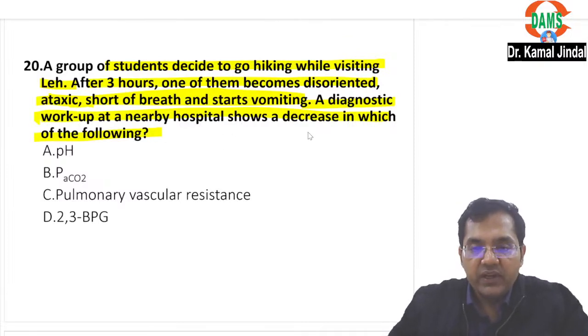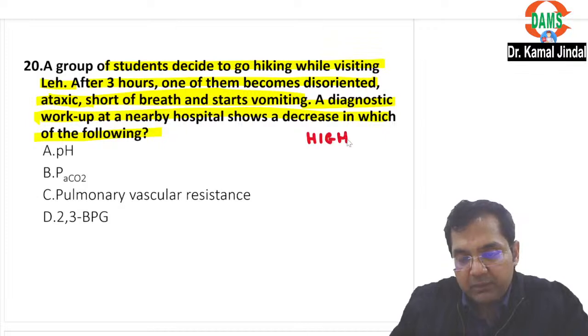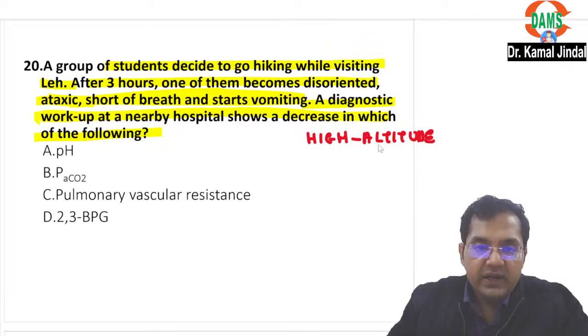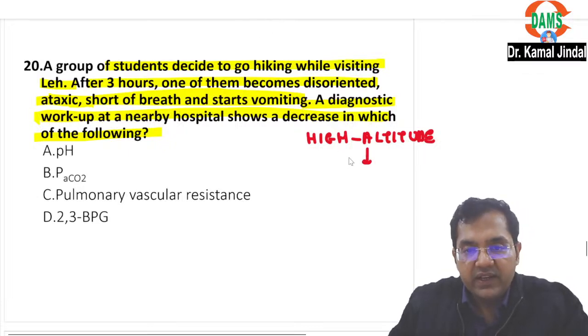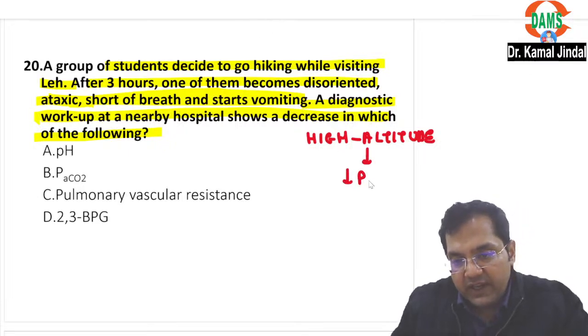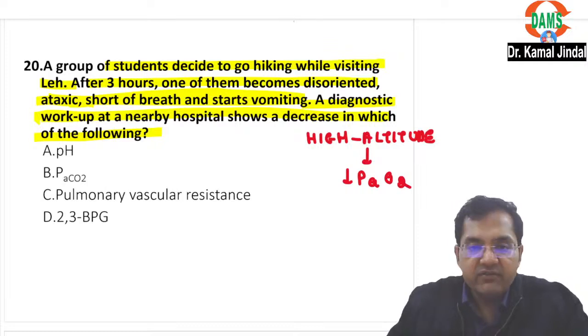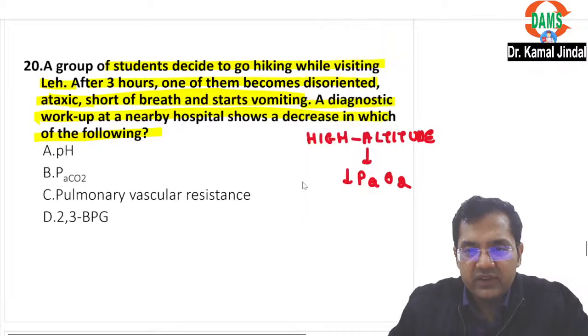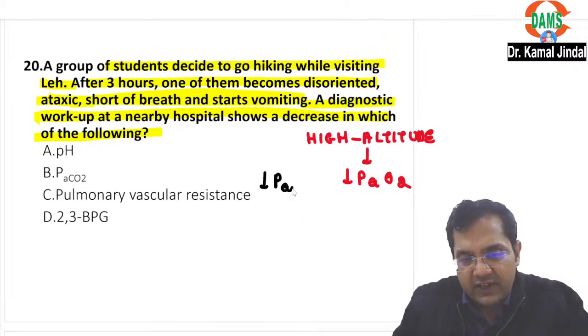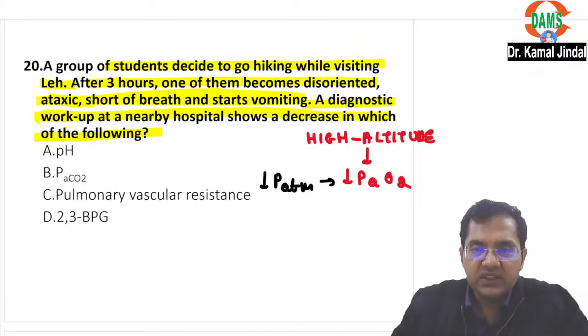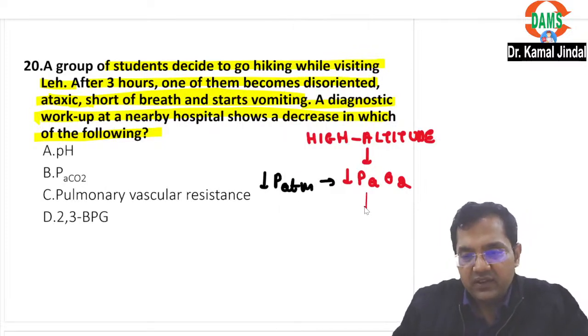So at high altitude, let's quickly revise the basics. At high altitude, there is decreased arterial O2, right? Why? What is the reason? There is a decrease in atmospheric pressure. Because atmospheric pressure is less, there would be less oxygen.